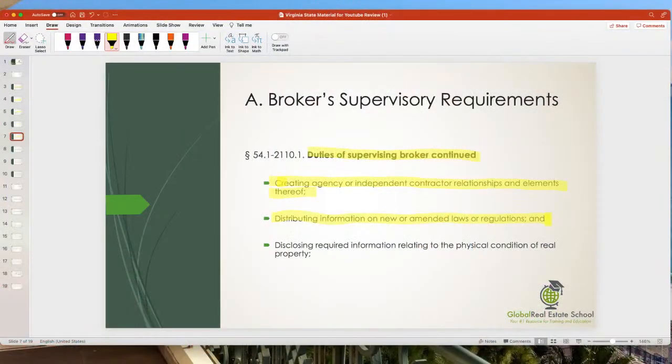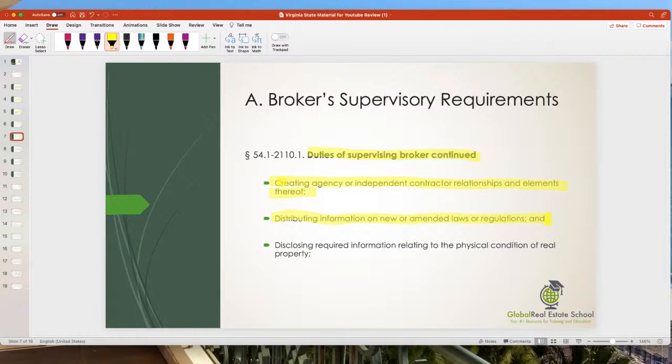But as a broker, it's my job and responsibility to make sure all of the agents know the laws, know the rules and regulations, and really it's your job too to stay on top of that. I find that when I can talk more freely and intelligently about the laws and rules and regulations, it really helps build my confidence when I'm working with customers and clients. So strongly encourage you to remember that.